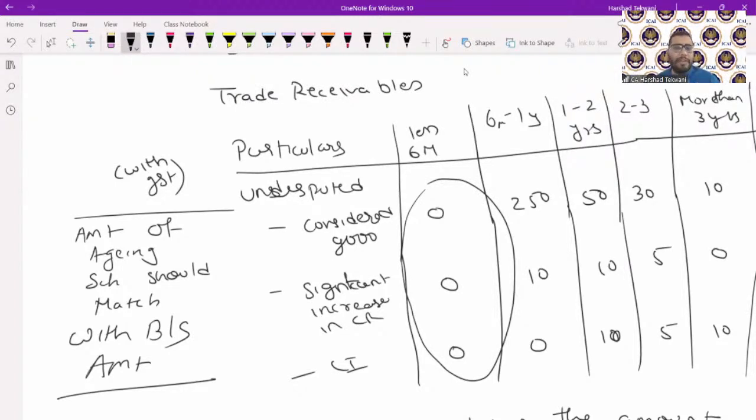So for the first 6 months, aging will come as 0. That's why either take the due date of payment or the date of transaction. If the due date of payment is not available invoice-wise, then you need to take the date of transaction. You cannot add a generic date. Okay, hope I'm clear.